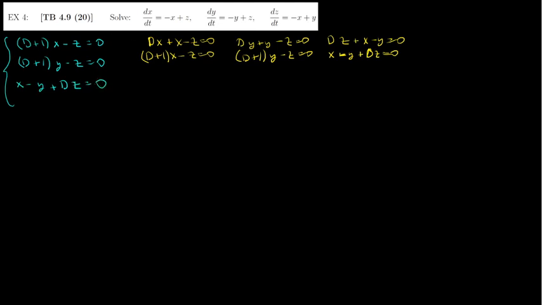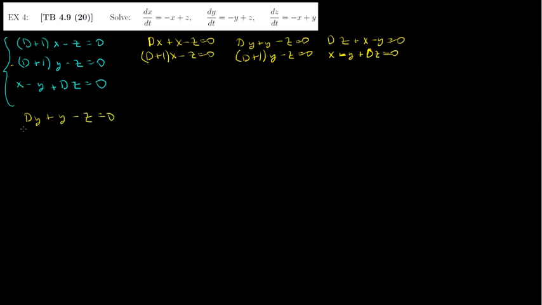So, all right, let's go back to elimination. What do we want to eliminate? I already tried this with trying to eliminate z, and it didn't work very well. It might work out for you, but what I'm going to do is actually try to eliminate the y. So the second equation here becomes Dy plus y minus z equals 0.